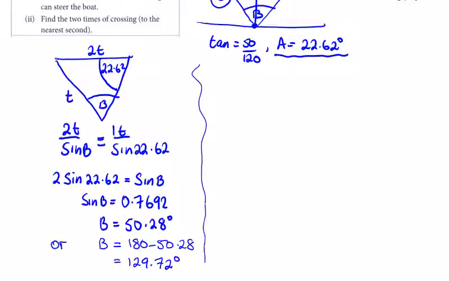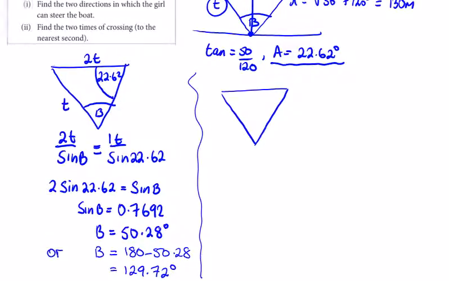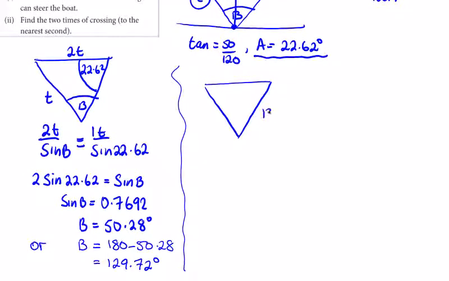So let's find our times. So I have 130, we have 22.62. Scenario 1 for B, 50.28.